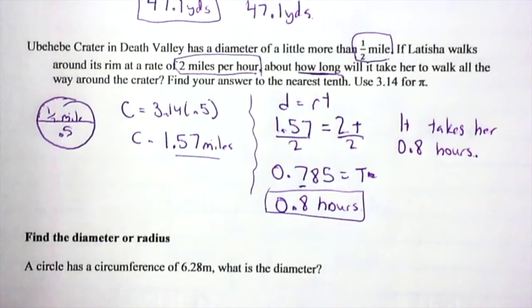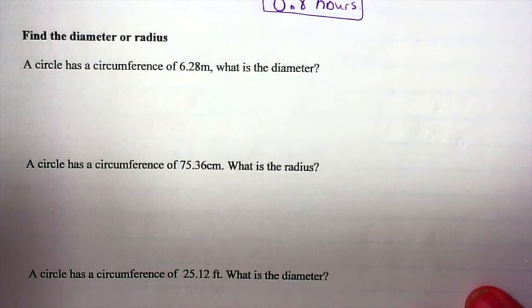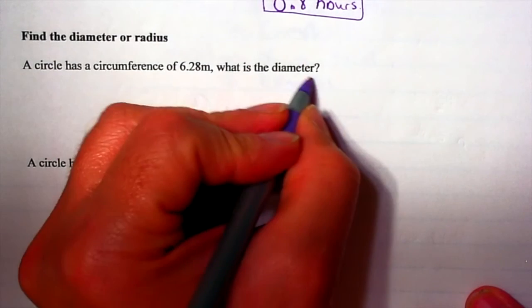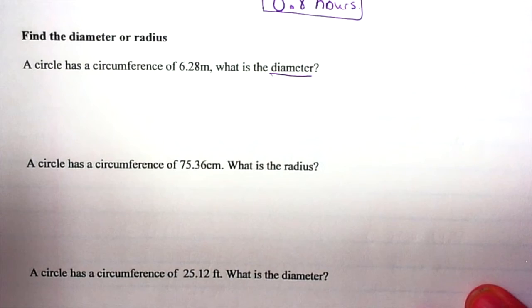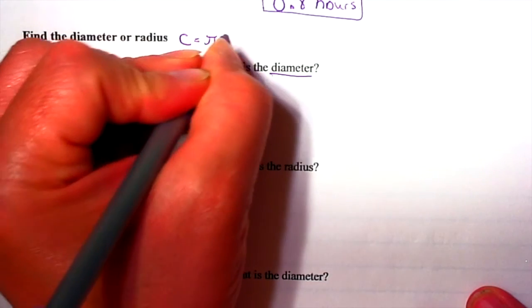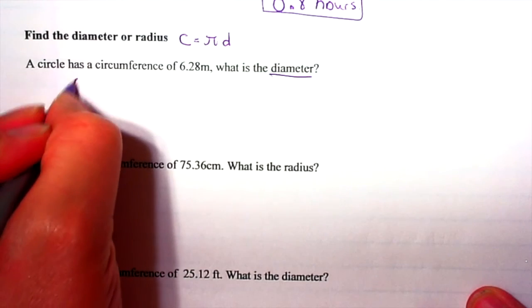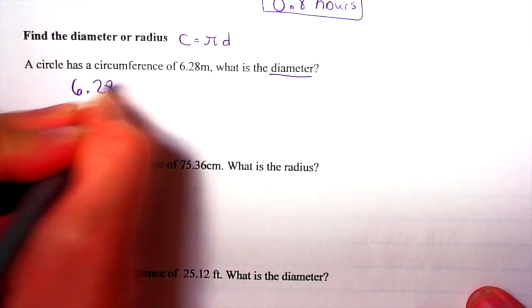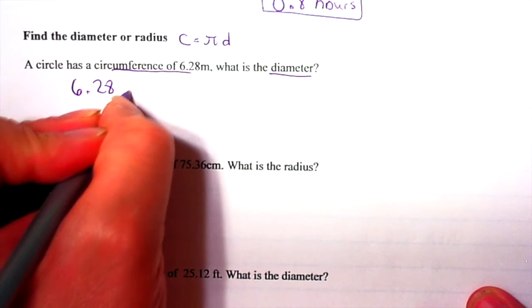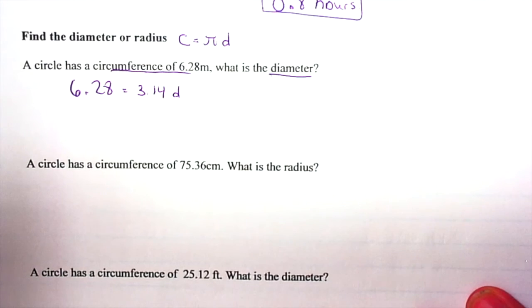Now the last thing we're going to look at here is what if they only give us the circumference and want us to find the diameter? Well, here it's asking me what is the diameter. And for all of these, I'm really going to use the formula C equals pi times d. So I put in the circumference, which is 6.28, because they told me I have the circumference, is equal to 3.14 times d.